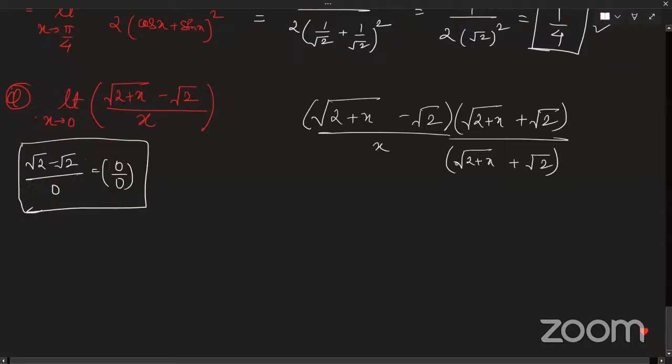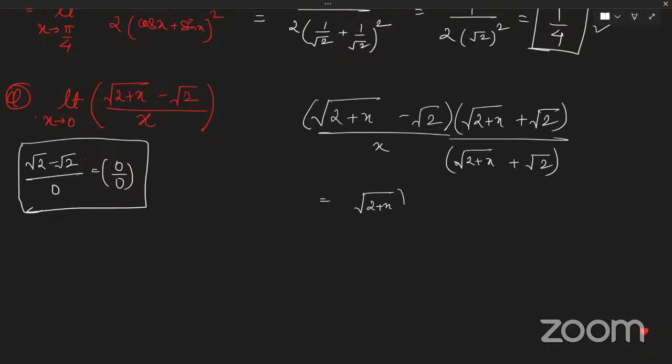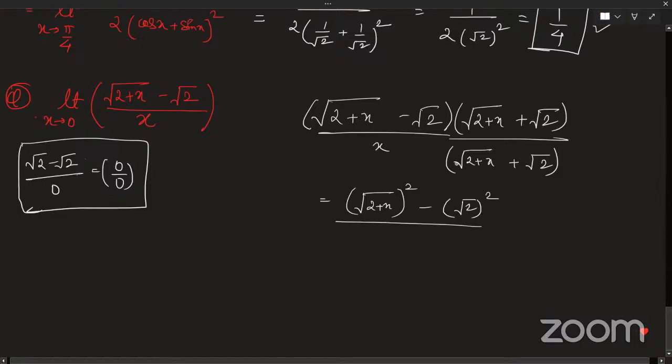When you open this, a minus b times a plus b is a square minus b square. So it is square root of 2 plus x whole square minus square root of 2 whole square, whole by x into root 2 plus x plus root 2.